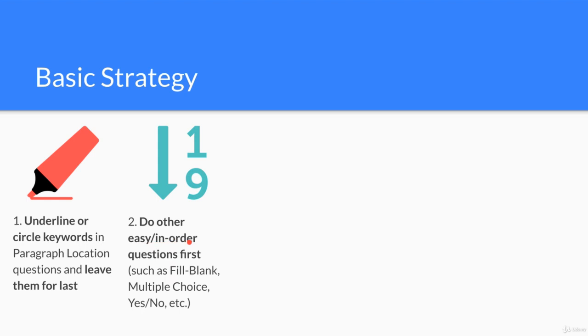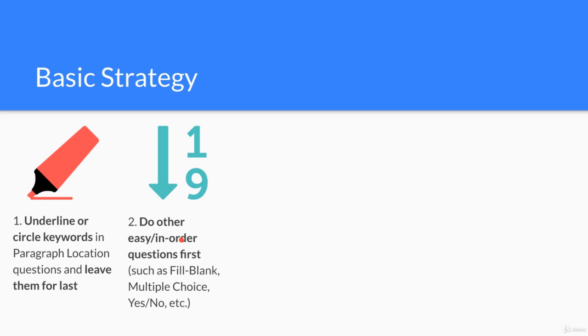Do the other questions that are easier, that are in order, do those ones first, such as fill in the blank, multiple choice, yes, no questions. Do these ones first, because when you do these easy questions first, you'll become more familiar with the paragraphs, with the reading passage, and then you can come back to the paragraph location questions and it'll be much easier for you to answer them.